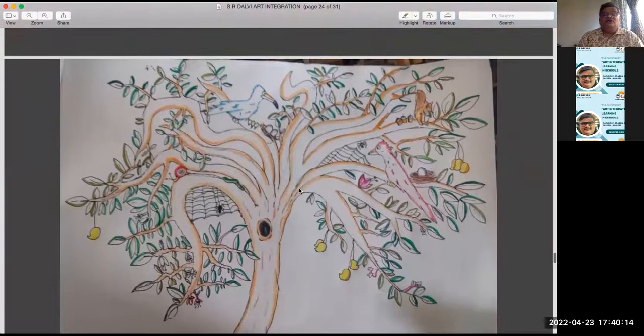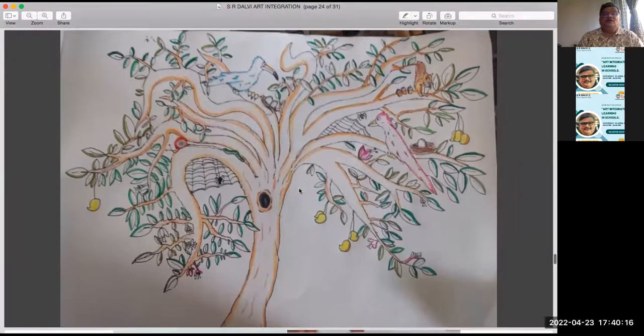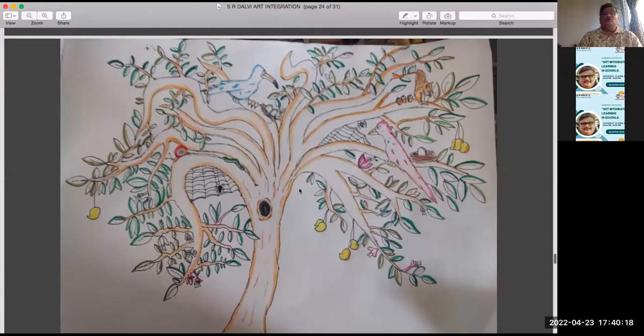Children generally draw a tree where the foliage is like a cloud, and then there are only two branches and one bark straight away. So we wanted to break that conditioning and develop an understanding based on experience. So we went to trees, we looked at them at very close encounters.